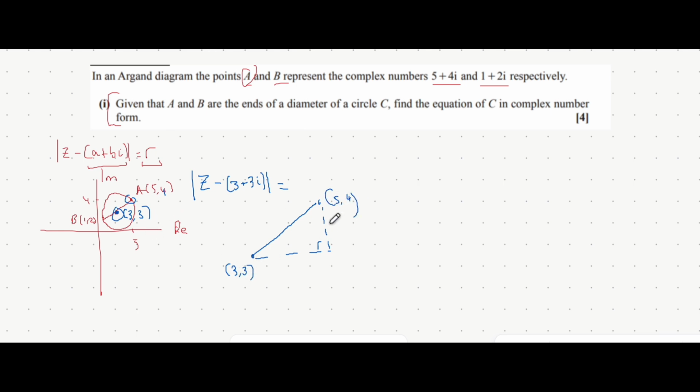The difference between the x-coordinates 3 and 5 is 2, and the difference between the y-coordinates 3 and 4 is 1. Using that, this hypotenuse is given by the square root of 2 squared plus 1 squared. Now 2 squared is 4, 1 squared is 1, 4 plus 1 is 5, so root 5 gives us the radius. In that case, you can just leave it in this format, and this is the equation of the circle C in complex number format.